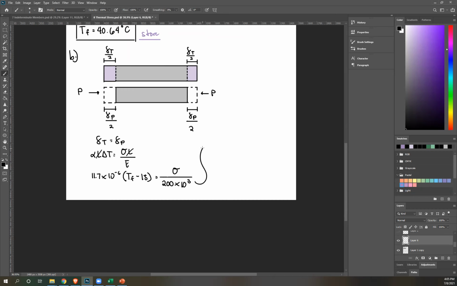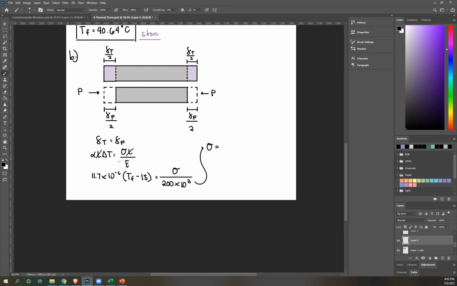Okay, so from this, please solve what is stress. Correct. If you use the stored values, you'll get a whole number, 60.